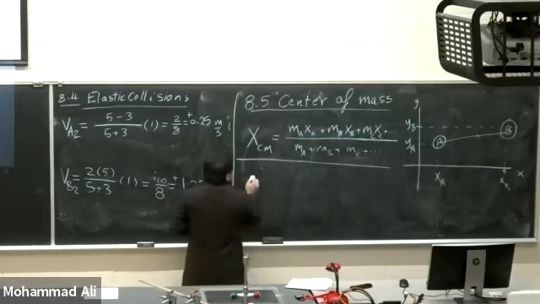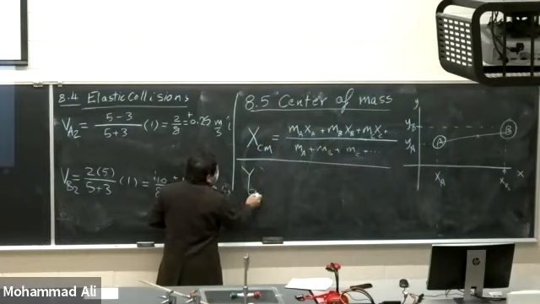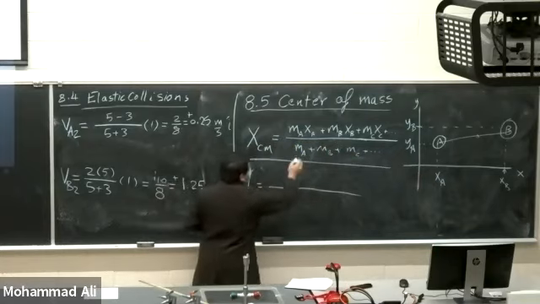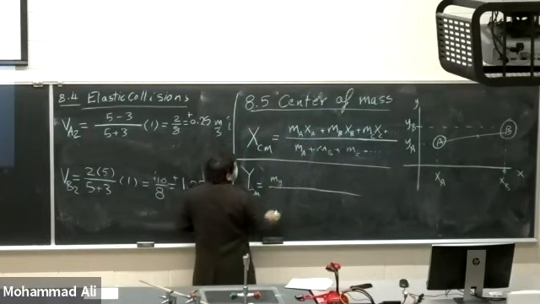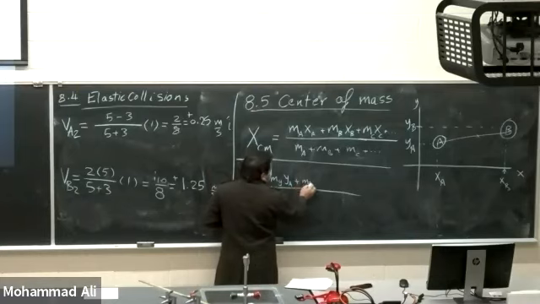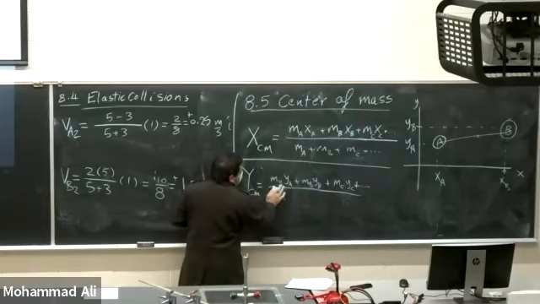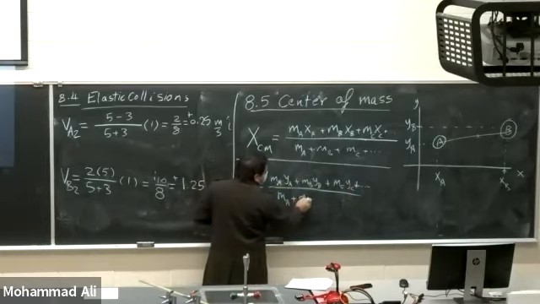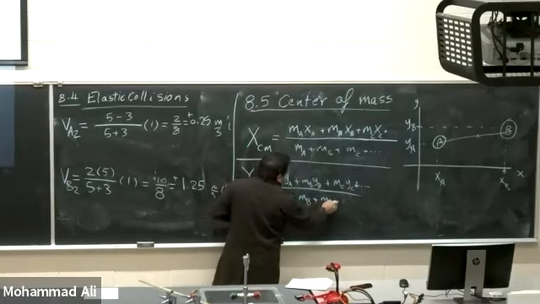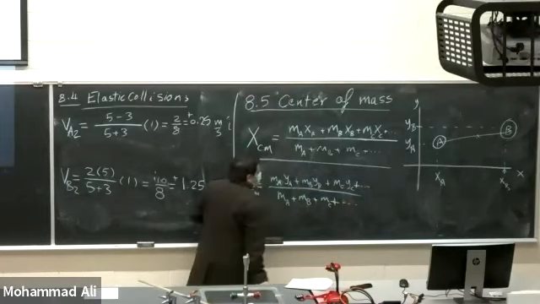The y component of the center of mass is the same, but we will use the y components: MA YA plus MB YB plus MC YC and so on, over MA plus MB plus MC and so on.